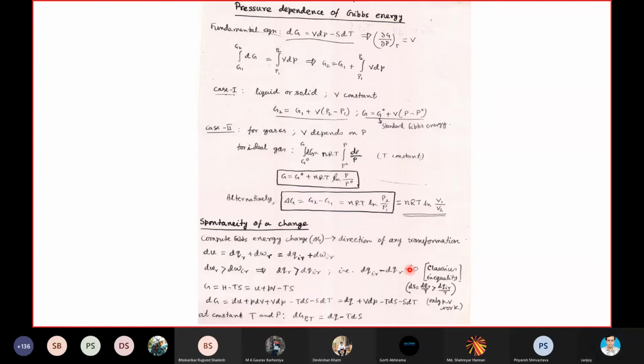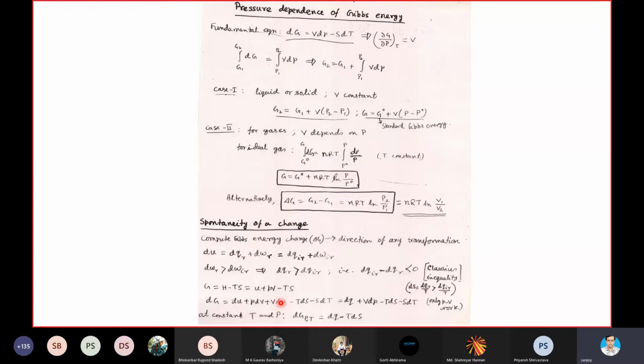Sir, PdV is not in the last equation. Which one? PdV, sir. No, no. Here you see dU plus PdV, I have written it as dq, from the first law.